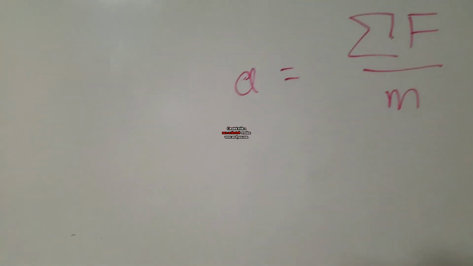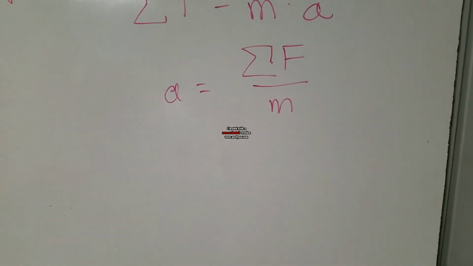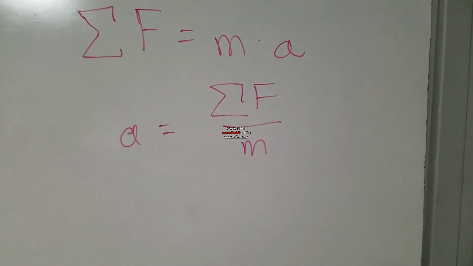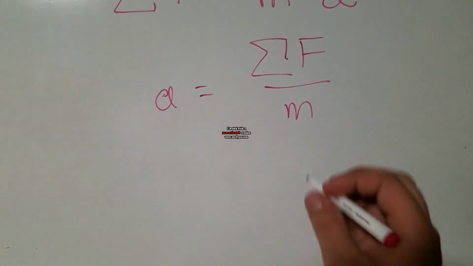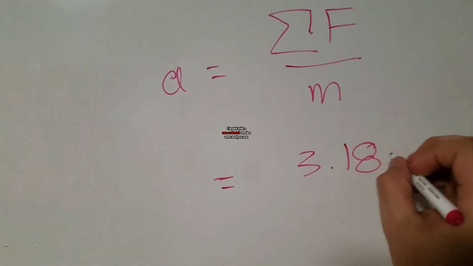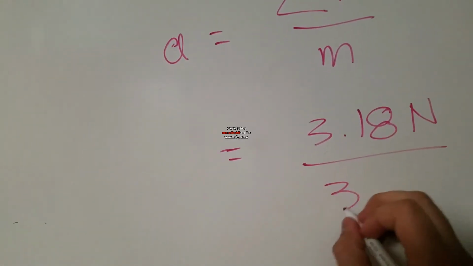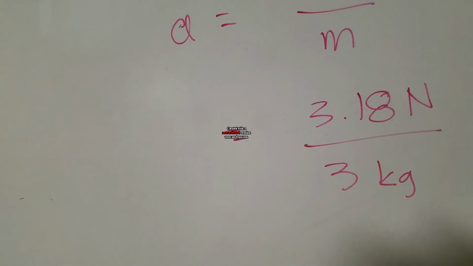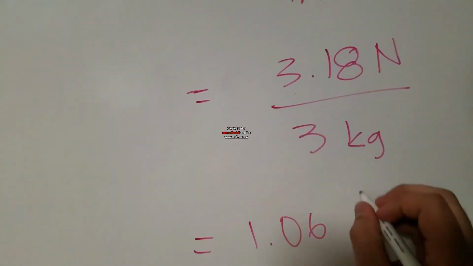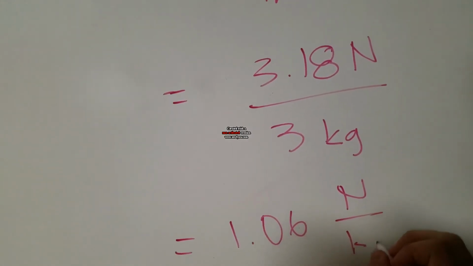Basically, you can see how fast the object is going to accelerate being pushed by a force, and so we take our net force and we divide it by the mass, and we end up getting 3.18 newtons divided by 3 kilograms. And so that is going to give us 1.06 newtons per kilogram.